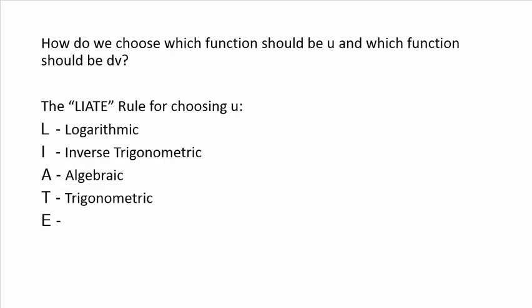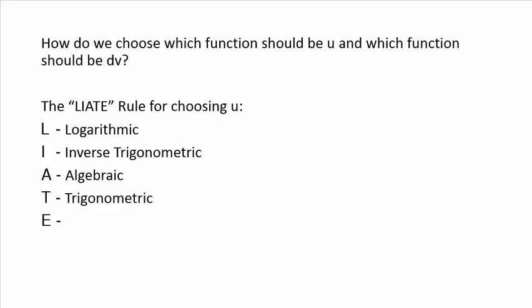Next is your trigonometric functions, and the reason why you don't really want to choose these as your u unless you absolutely need to is because as you take a derivative of a trigonometric function, it just kind of keeps cycling. Like if you take the derivative of sine, you're going to get cosine. Then when you take another derivative of that, you're going to be straight back to negative sine.